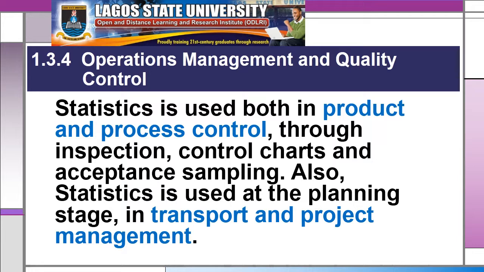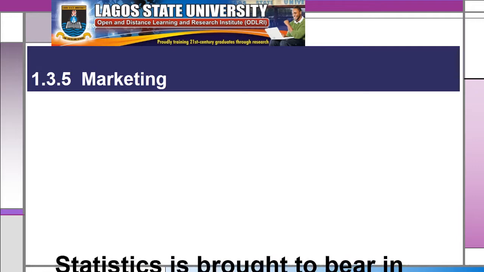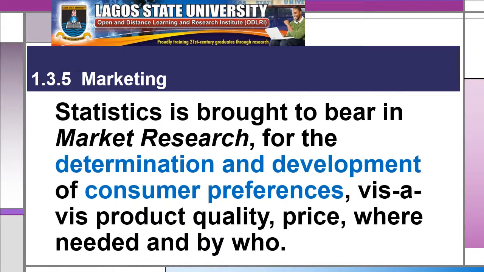Also in transport management and project management, statistics is of high importance. In marketing, statistics is popularly used for market research. This is particularly helpful in the determination of consumer preferences.